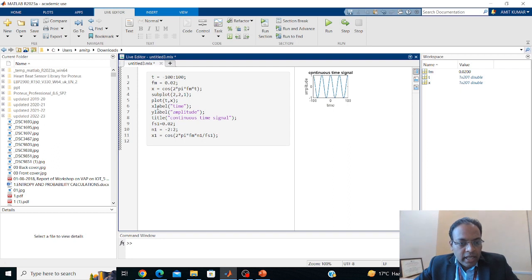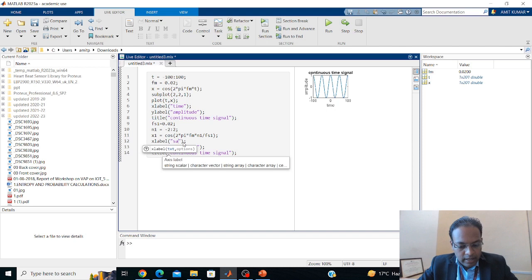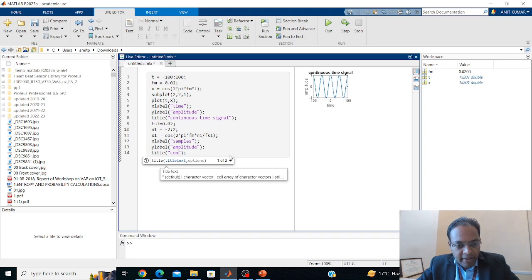After this we have to put the xlabel, ylabel, and title conditions. So xlabel is number of samples, ylabel is amplitude, and the title for this is: sampling frequency fs is less than twice of fm.